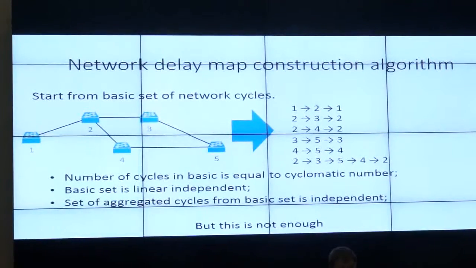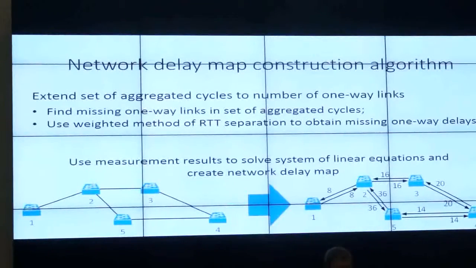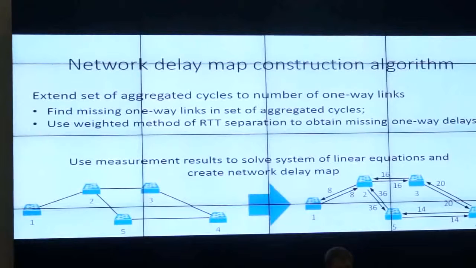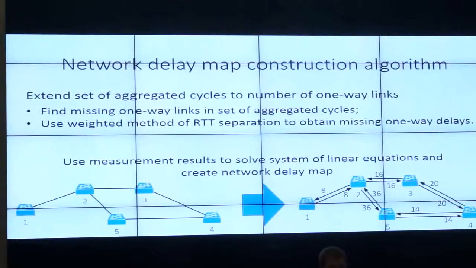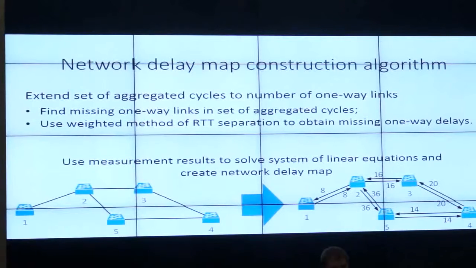But the number of cycles in the set is not enough. So we need to extend the set of aggregated cycles to the number of one-way links. For this purpose, we will find all missing one-way links in the set of aggregated cycles and extend the set of aggregated cycles with these links.